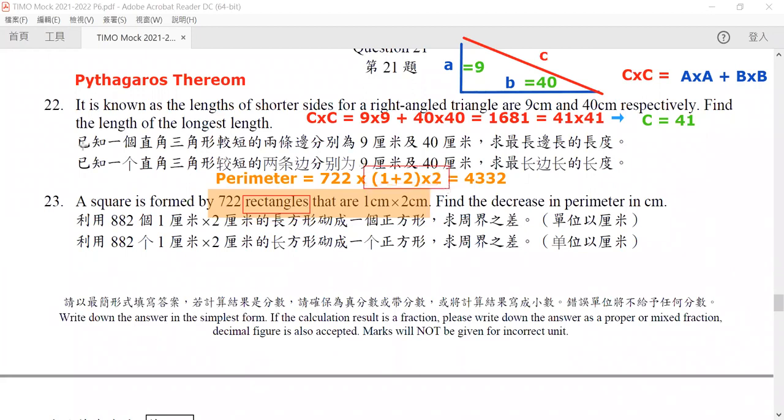But what is the area of this? Now, why we want to calculate area is because we want to later calculate the size of our square. It will be equal to 722 times 1 times 2, which is equal to 1444. But 1444 is exactly equal to 38 times 38.